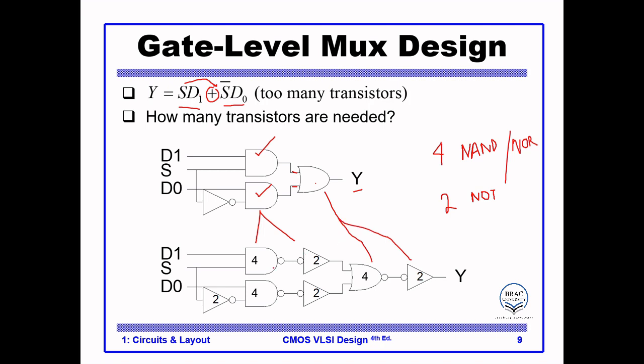So we will have a total of 4 transistors in each of the NAND gates, 4 transistors in each of the NOR gates, and 2 transistors for each of the NOT gates. If we sum them up together, we will have 20 transistors for building this kind of gate level mux.